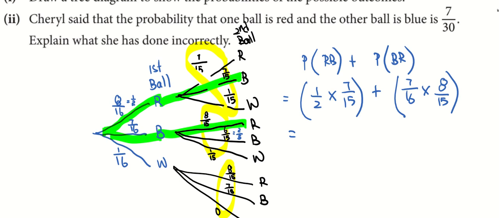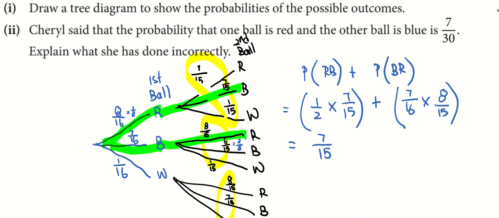There are 2 different branches, then we add them together. So clearly, there's a mistake that Cheryl made. What Cheryl did was only include red, blue. If you get the probability for red, blue, it's 7 over 30. But what Cheryl forgot to do is include the second one, which could be blue, red.